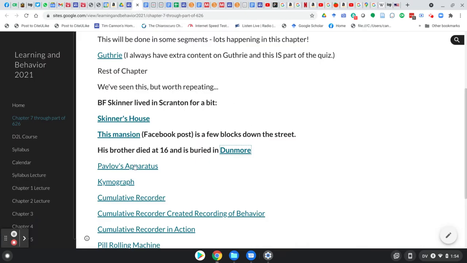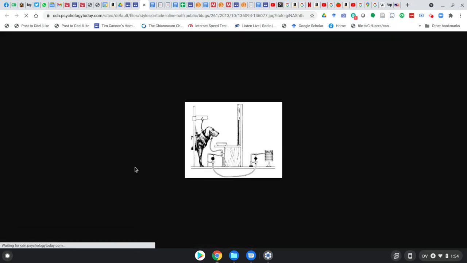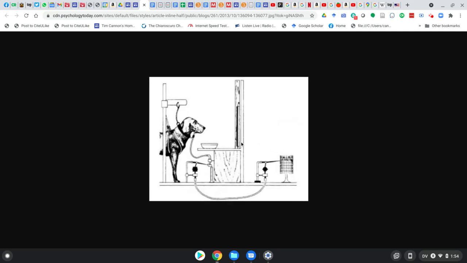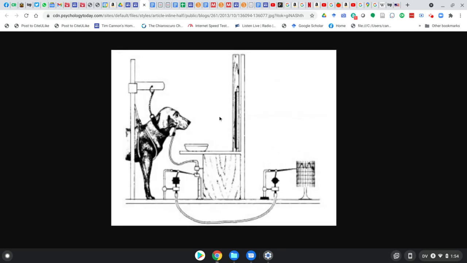Okay, here's a figure you've seen, Pavlov. And the drool, the paddle, the little accordions that compress the air goes through the tube, the air expands the accordion and moves the needle, and there's the kymograph.